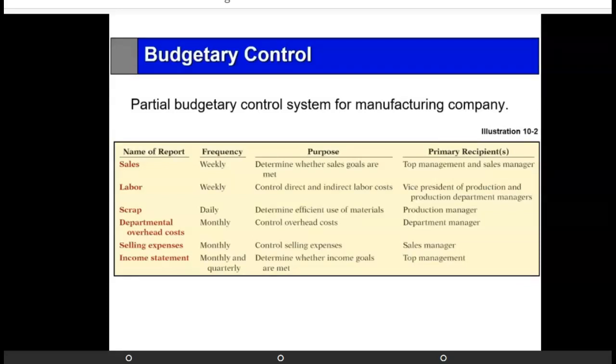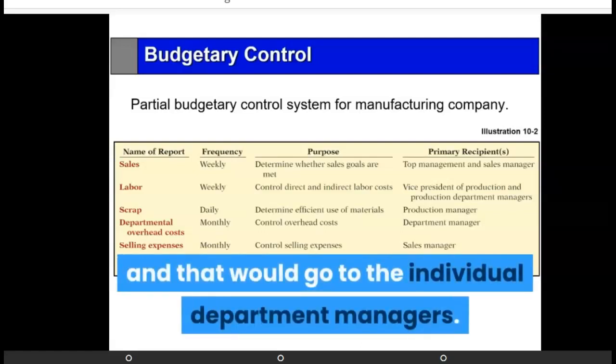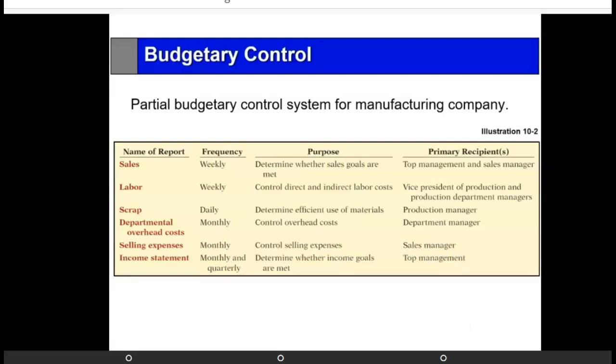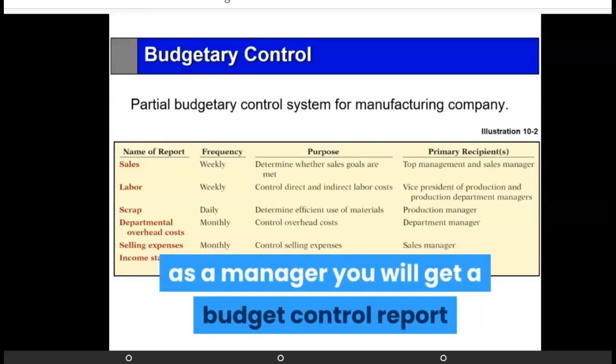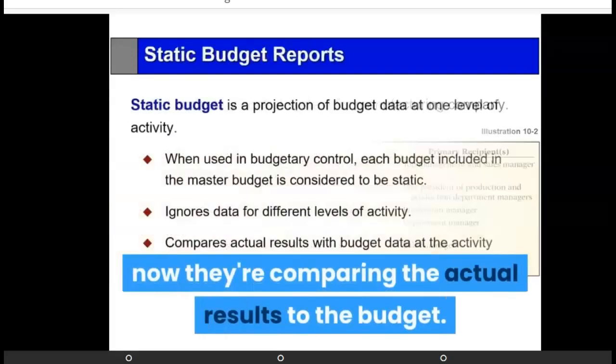We would also have departmental overhead costs, maybe monthly, control of overhead, and that would go to the individual department managers. So you see, as a manager, you will get a budget control report for the area that you are responsible in.